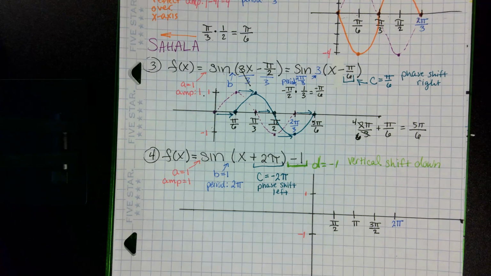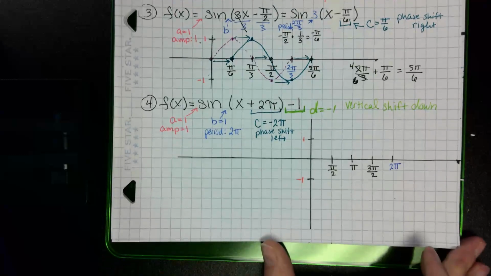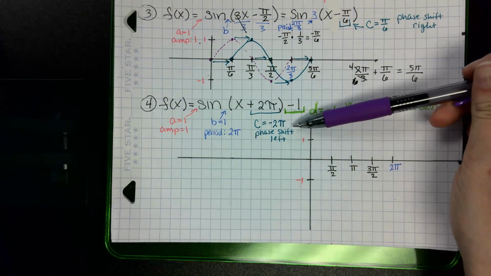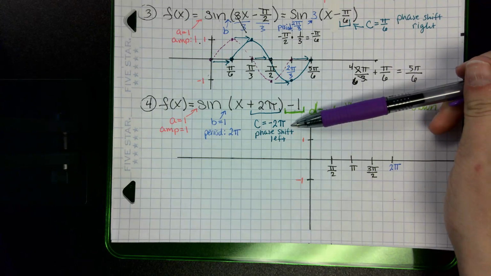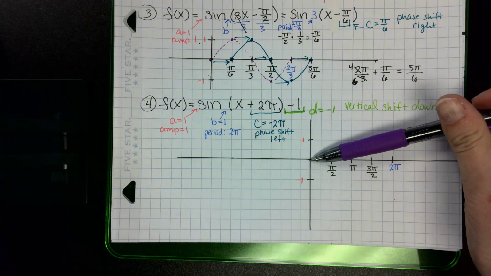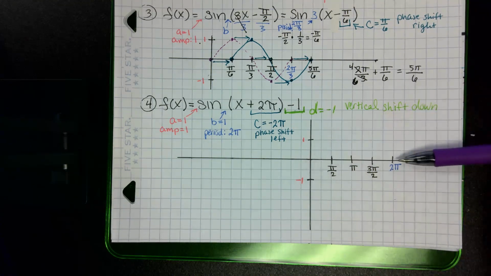So when I get ready to graph this, before I do my phase shifts, because I like to graph it first, but then I notice this is shifting the entire period length. So that's actually a pretty easy shift. So the whole thing from 0, if I shift it to the left 2 pi, well, all 4 marks are 2 pi.